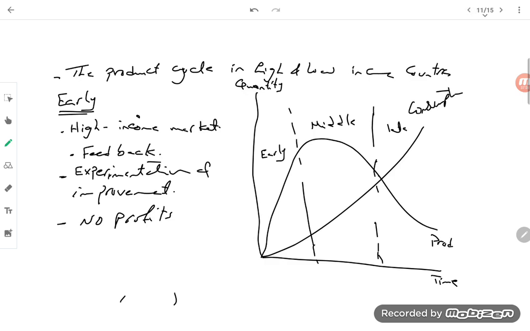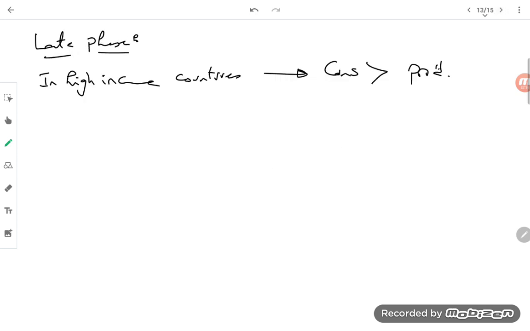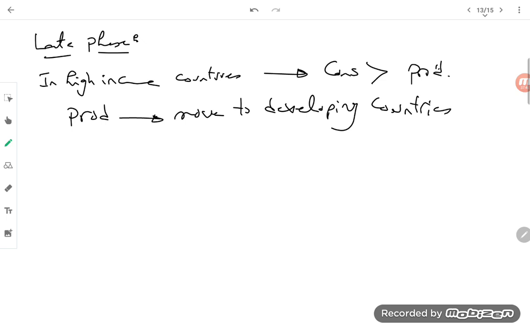As you can see from the figure, in the late phase, consumption exceeds production. As a result, an increasing share of world production has been moved to developing countries, where labor is unskilled workers.